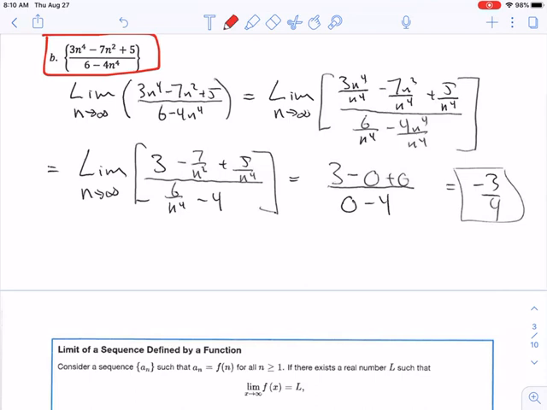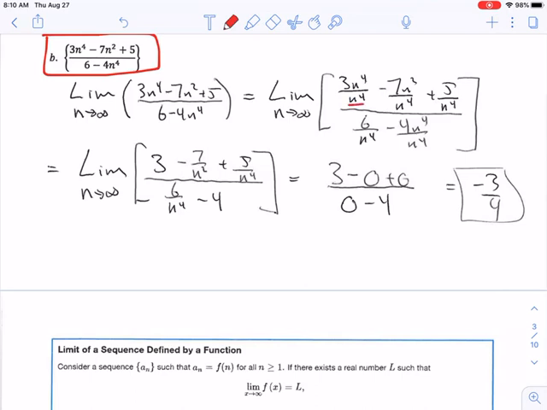One technique that is very useful when evaluating the limit of polynomial functions like this, which are actually rational functions because it's the ratio of two polynomial functions, is to take the highest power of n, which in this case is n to the fourth, the highest power of n in the numerator or the denominator, and divide every single term by that power of n, which is n to the fourth.